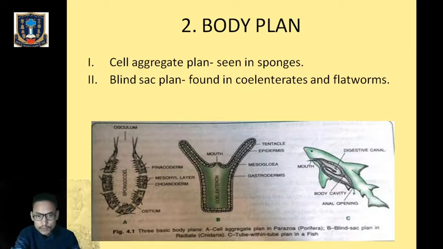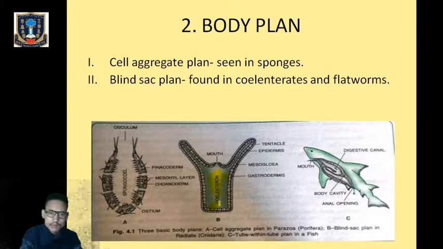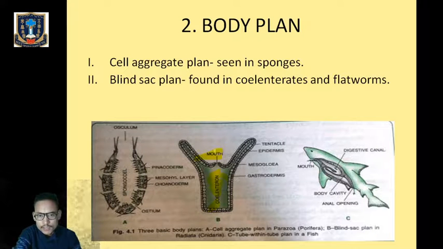If you look at the diagram, you can see the presence of a single cavity in the center, and this central cavity functions as the digestive tract. Then it opens to the outside by only one aperture, and that's mainly the mouth.